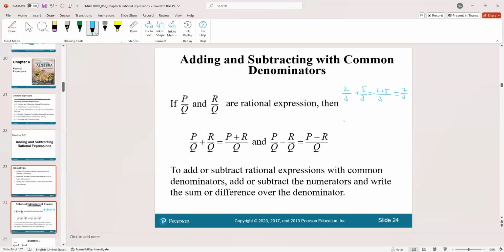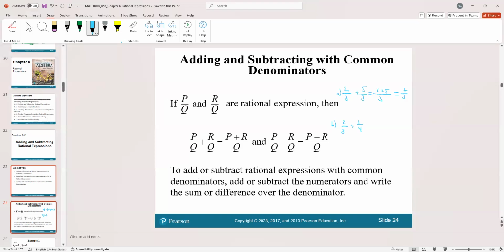But if I have 2 over 3 plus 1 over 4, now we said we need to find the least common multiple. What number can divide 3 and 4 at the same time?